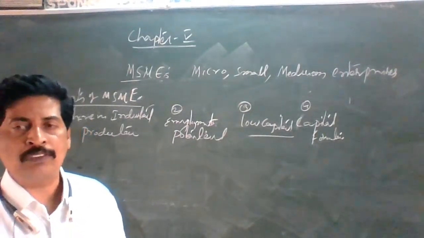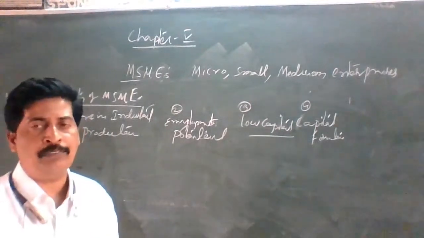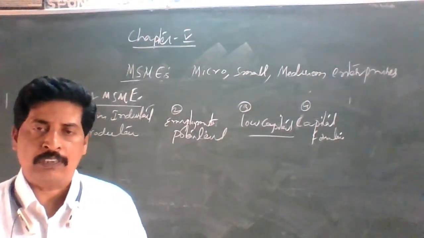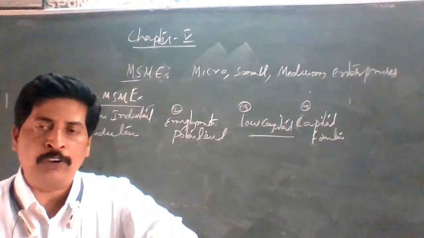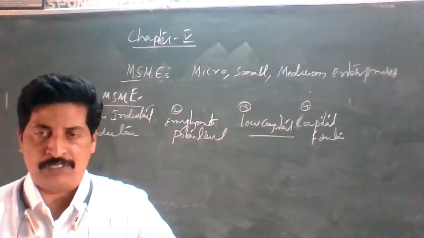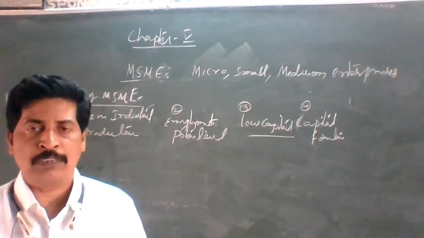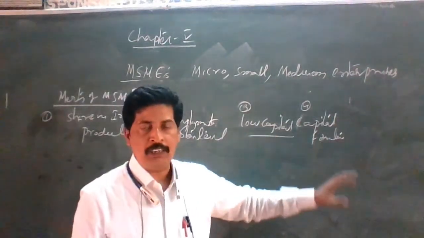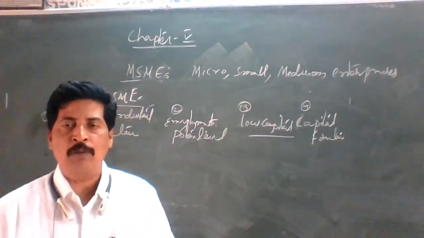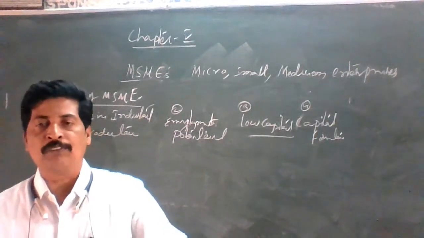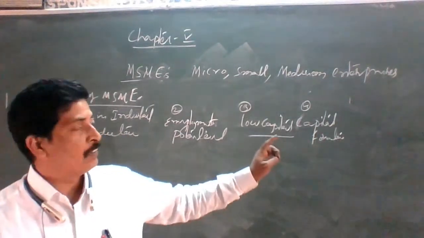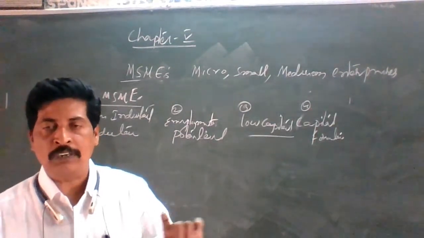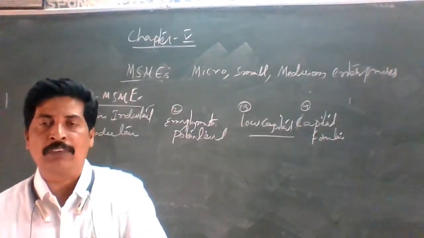All the MSMEs generally have the habit of savings. That saving amount is pulled into investment, because it requires low capital. Capital formation is possible through savings. Thrift has a similar meaning to savings.